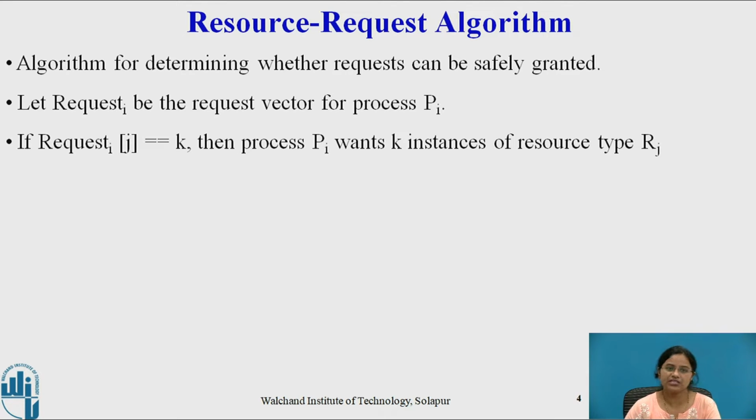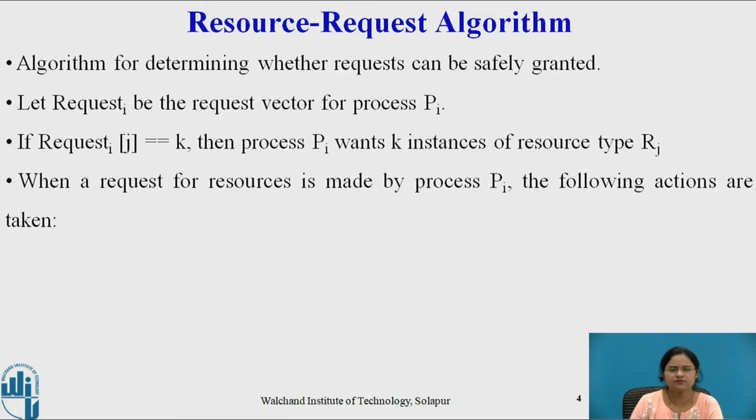Request i of j equal to k: as we have subscript i, this is the request for process Pi, meaning Pi wants k instances of resource type Rj.